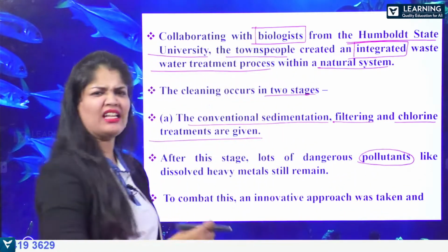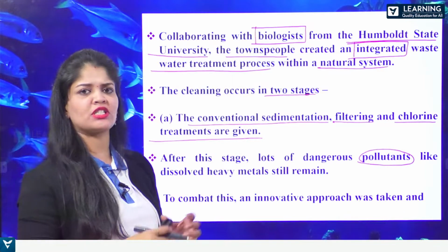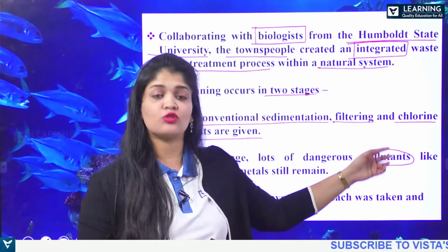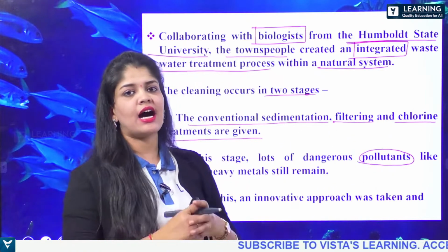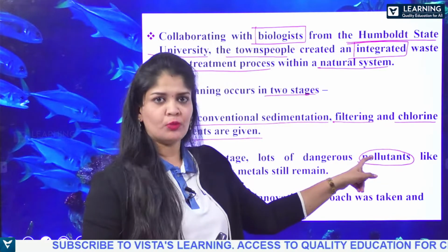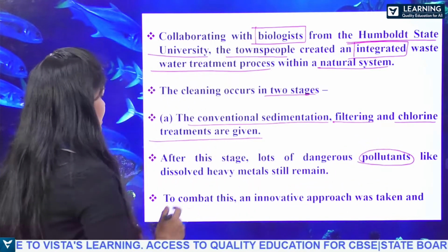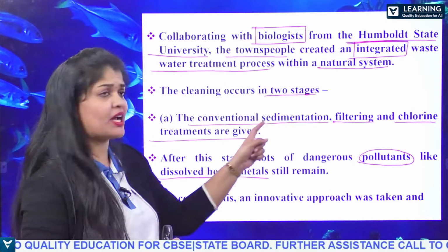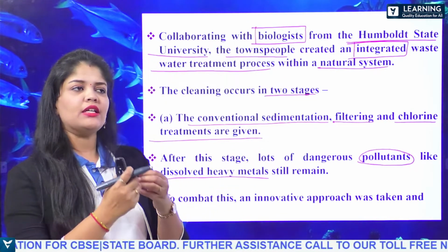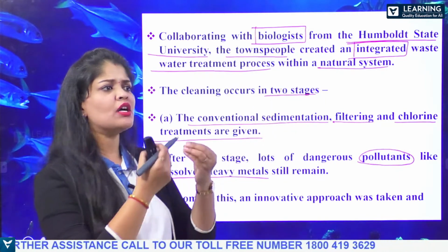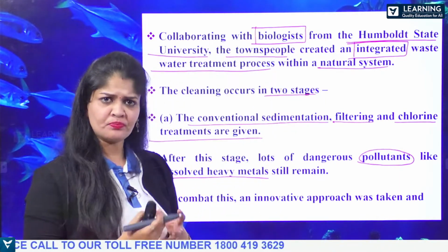Pollutants are the elements, molecules and substances present in pollution, and exposure to them causes harmful effects on the health of living organisms. Pollutants like dissolved heavy metals still remain in the primary effluent. The primary effluent is a result of sedimentation, which is allowing the water to stand for a particular period of time.